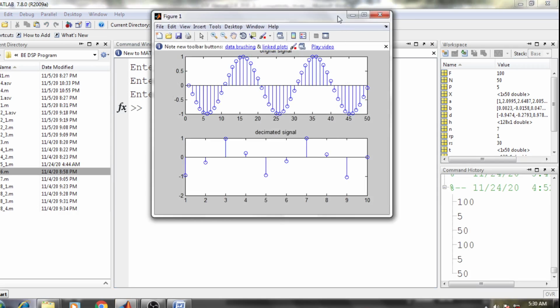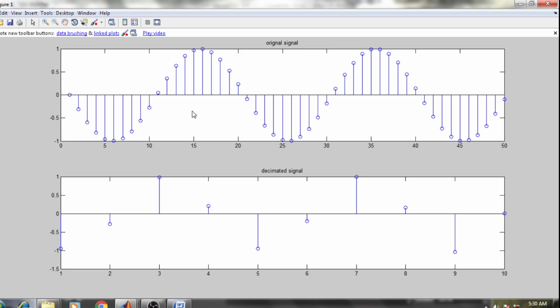From this graph you are able to see the difference between the original signal and the decimated signal. The downsampled signal is seen below the original signal. The original signal is a sine, sine 2 pi ft, represented with the help of this function, and the decimated signal is shown.